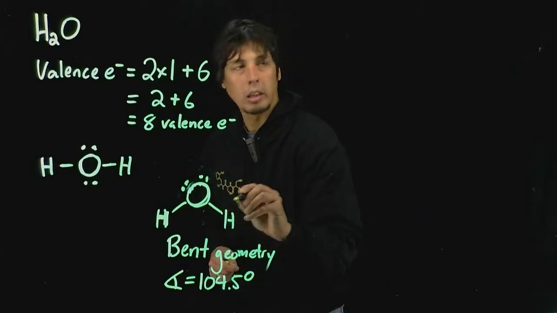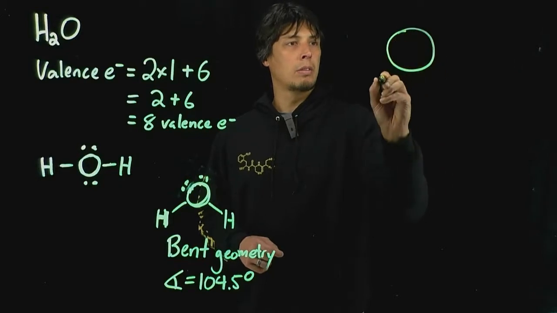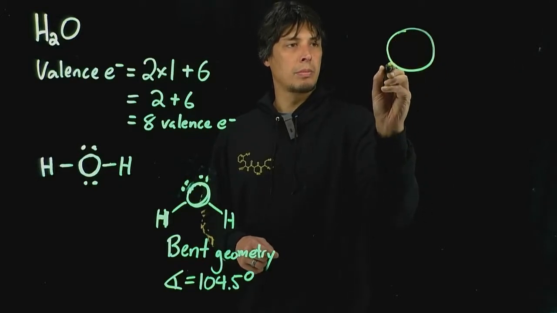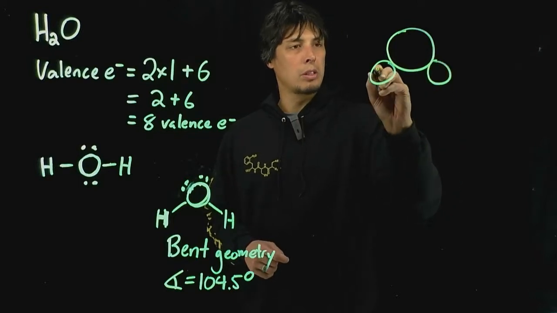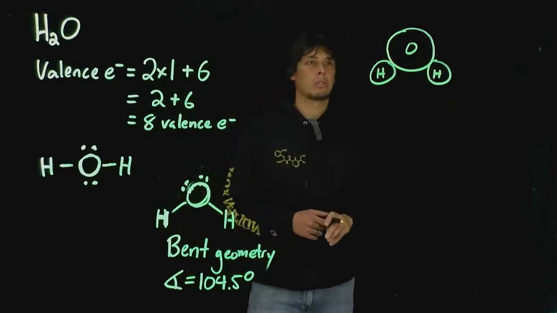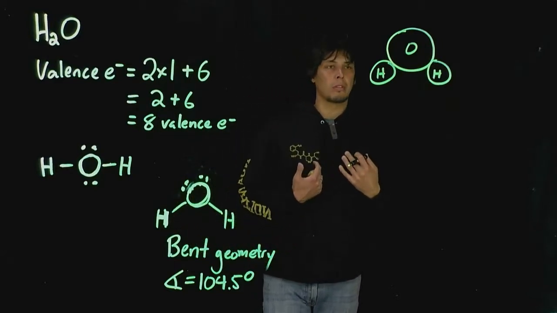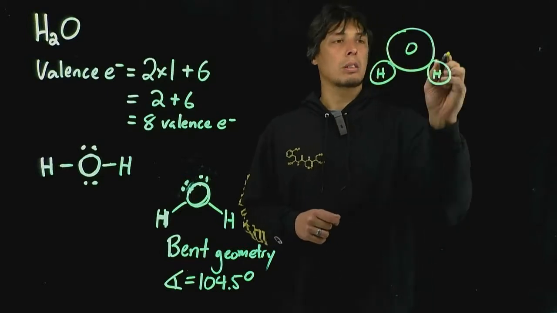And then let's look at the bond length. So if we think about this as having, for instance, 2 spheres of hydrogen and a bent geometry, so H, H, O. If we assume no bonding, we would be using, for instance, the van der Waals radius for oxygen and hydrogen.